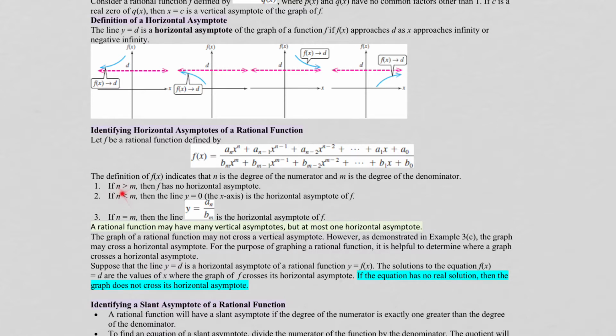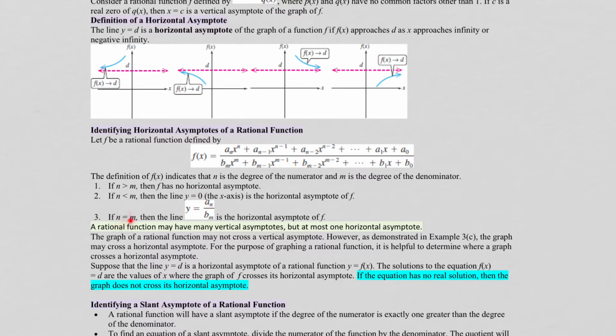So first, when n is greater than m, then f has no horizontal asymptote. In other words, your denominator exponent is smaller than the numerator exponent. So when the numerator exponent is larger, there will be no horizontal asymptote. When it's the other way around, and the numerator exponent is smaller, then your horizontal asymptote is going to be 0.